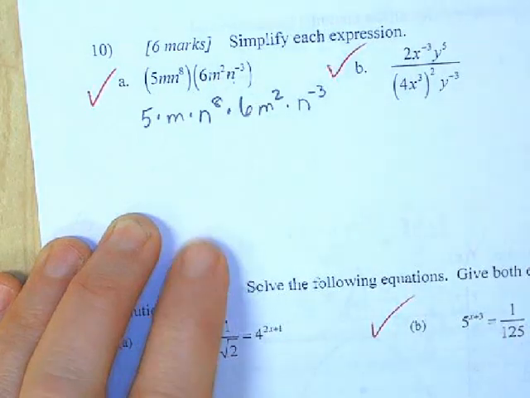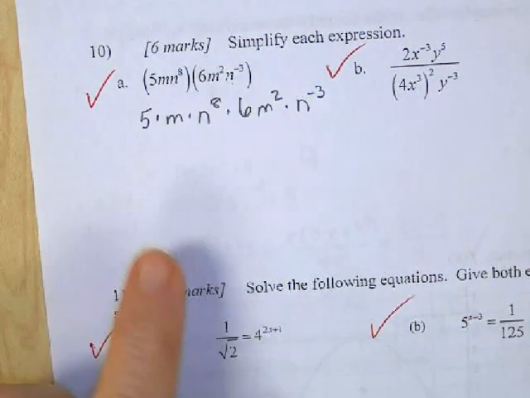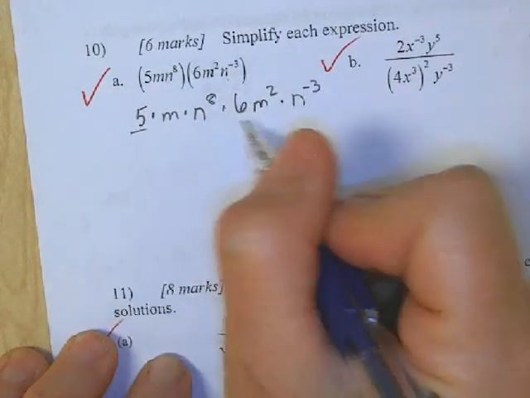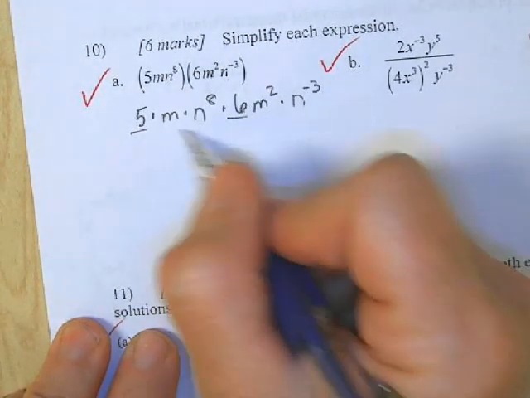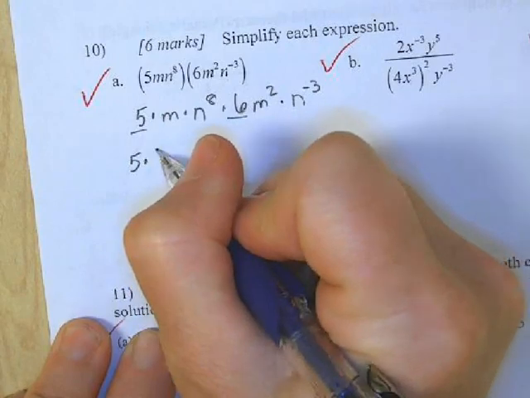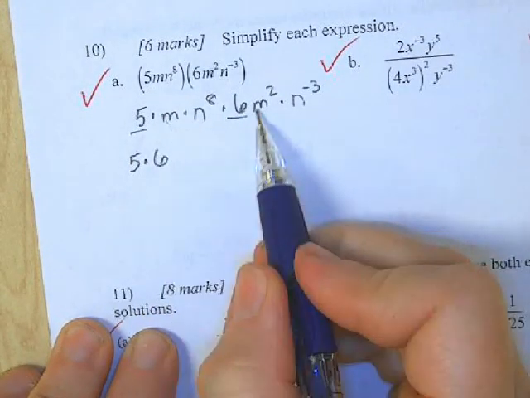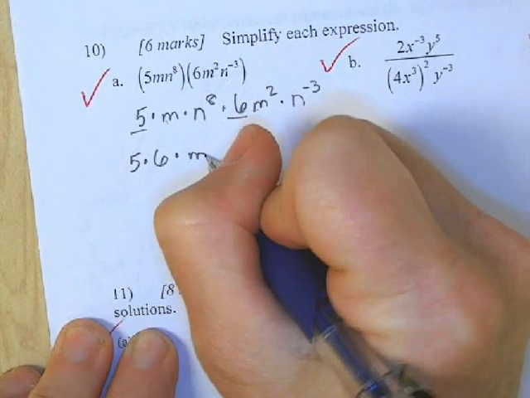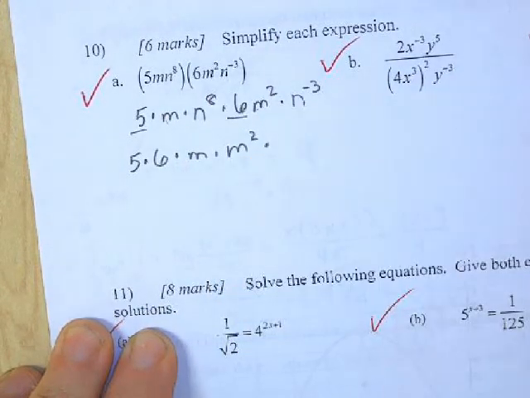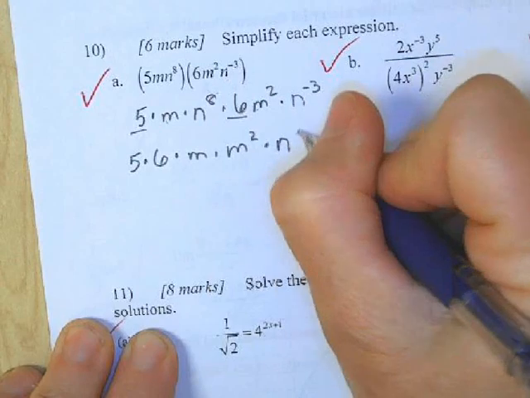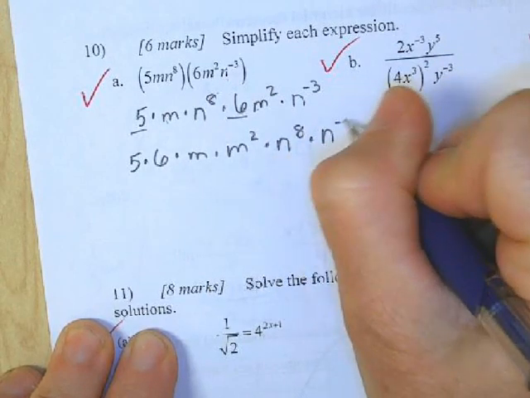Okay, so I can multiply my coefficients together, 5 times 6, because everything's being multiplied, so I can rearrange them. I can put this up front, 5 times 6. I'm going to then put my m's together, so times m squared, and I can put my n's together, n to the 8th times n to the negative 3.